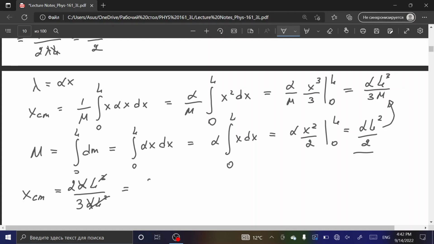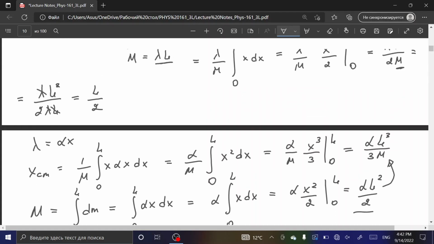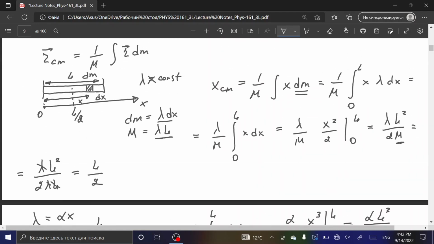So we end up with 2/3 L. So as you may see here, if we come back, our new center of mass will indeed be shifted towards the right side, and this will be 2/3 of the length of this rod.